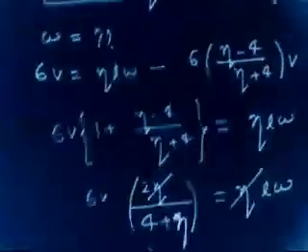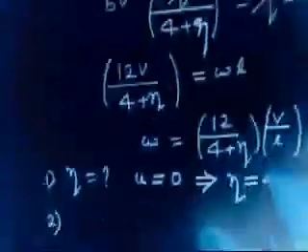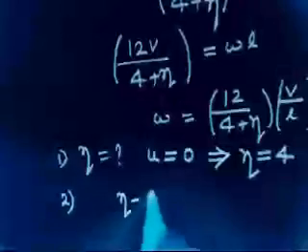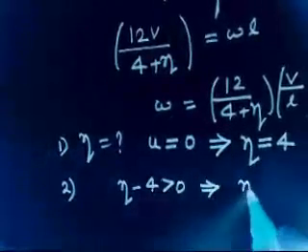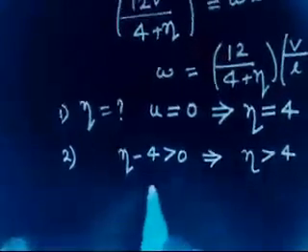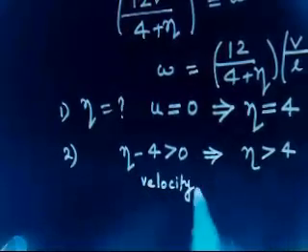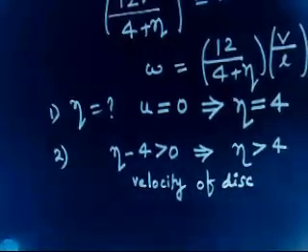So eta minus 4 should be greater than 0, because this is the only term that can be negative. So if eta minus 4 is greater than 0, in that case the velocity gets reversed. So eta should be greater than 4. That is the condition for the velocity of the ball, or disc, to get reversed.